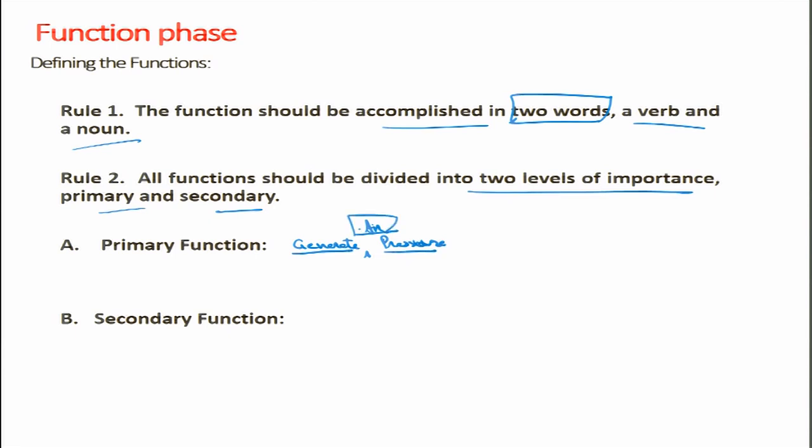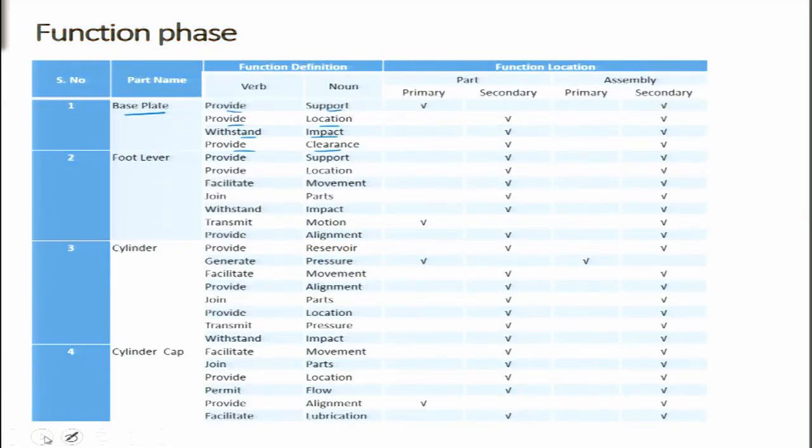So, this air is taken away. This is the primary function. When we see this function definition sheet, there would be only one primary function for each component. Each component has one specific purpose for which it is made. All other functions are just supporting, making the primary function work.